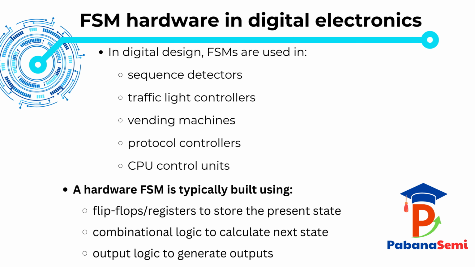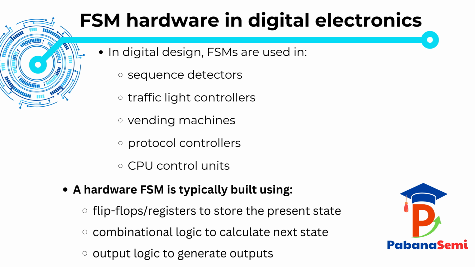Another common application is vending machines, where the machine changes states depending on the coins inserted and the product selected. FSMs are also essential in protocol controllers, which manage communication between digital devices. And inside processors, FSMs are used in CPU control units to coordinate the execution of instructions step by step.